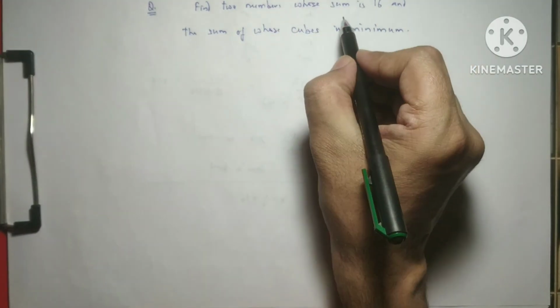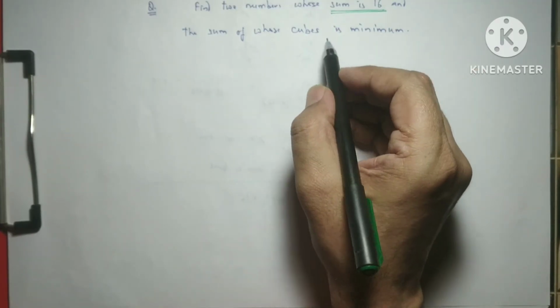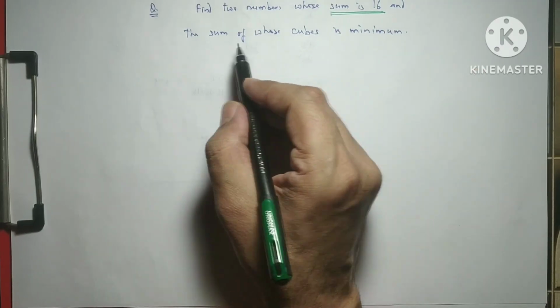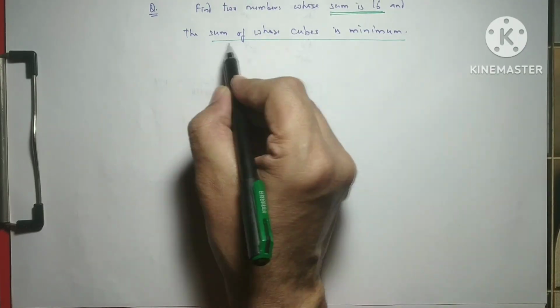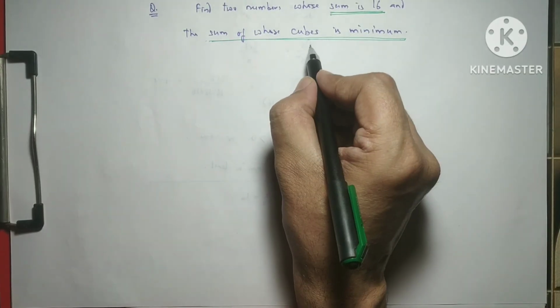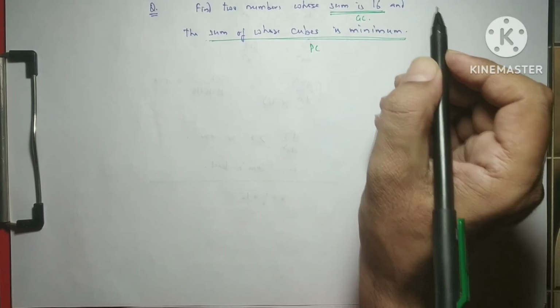So we have the summation of two numbers. This is the given condition, and we have to prove the sum of cubes is minimum. So this is the proving condition, and this is the given condition.